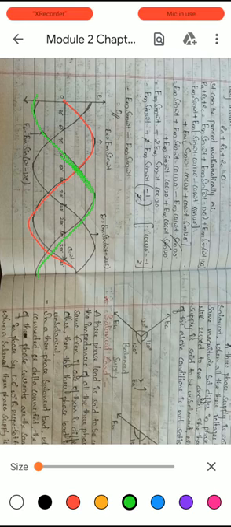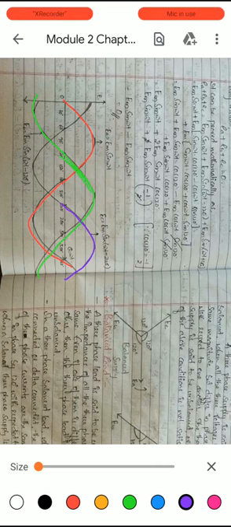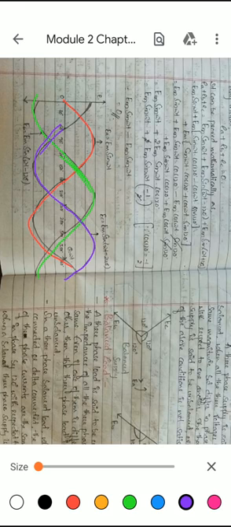Similarly, the third case, it should be delayed by 240, or it should arrive early by plus 120 degrees. You can take any one of them. So if you retrace this, 240 minus 180, it will be 60 degrees.